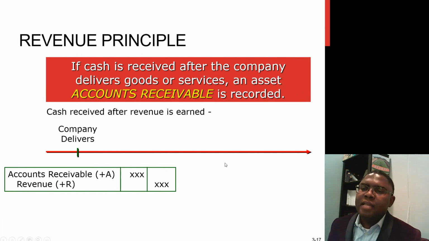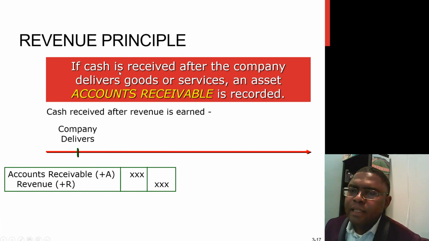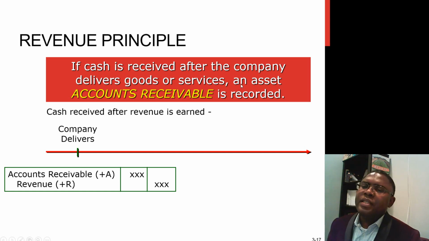This is another transaction. This is the case in which cash is received after the company delivers goods or services. So cash is received after the company delivers goods or services, which implies that cash will be received later on.